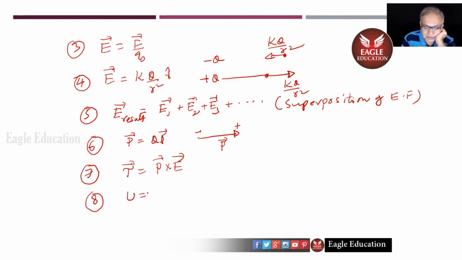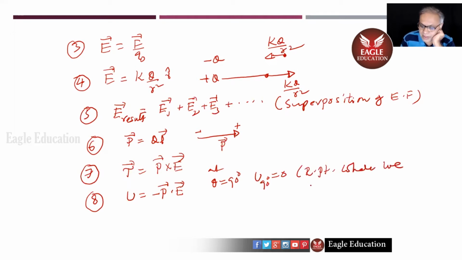U equals minus P dot E. Here theta equals 90 degrees. U at 90 degrees is equal to 0. That is the reference point where we say potential is 0.